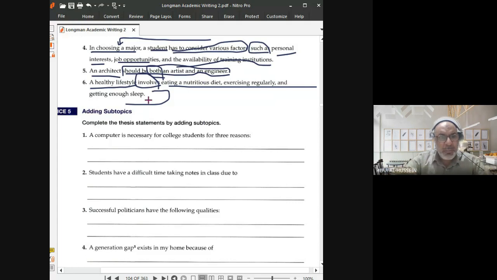We have how many sub ideas? Eating a nutritious diet, exercising regularly, and getting enough sleep. So this depends on the signaling verb or signaling phrase we use.